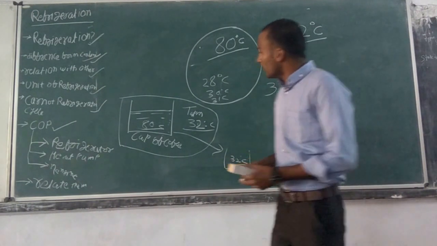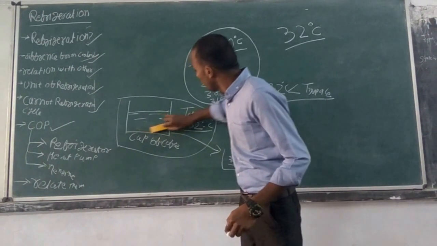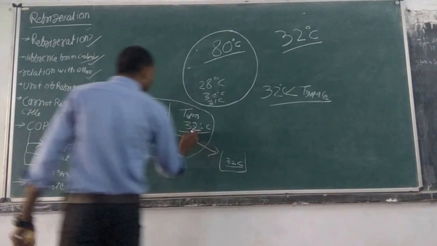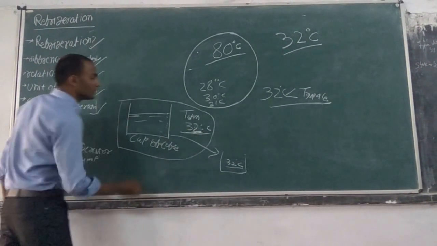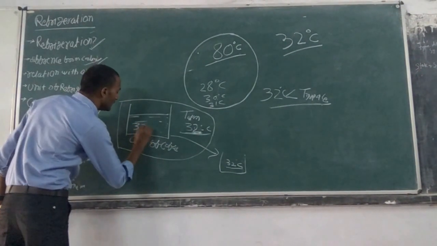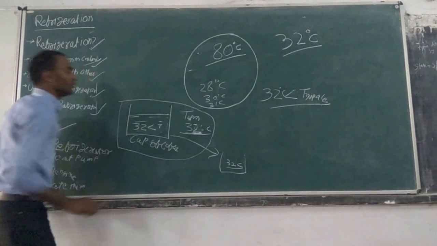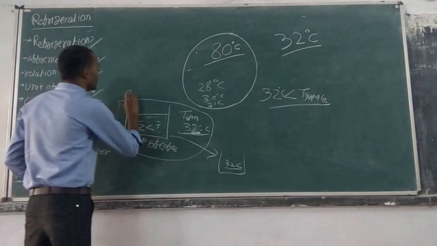But in this cup of coffee, if we maintain its temperature lower than the atmospheric temperature, that is less than 32 degrees, then it is refrigeration.